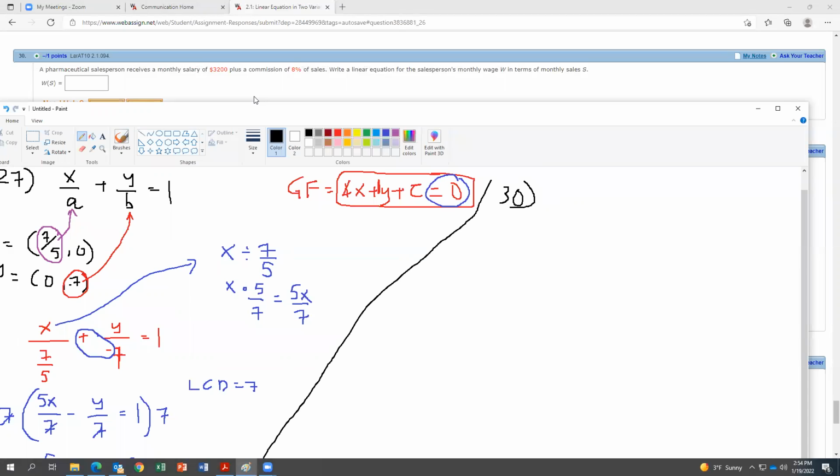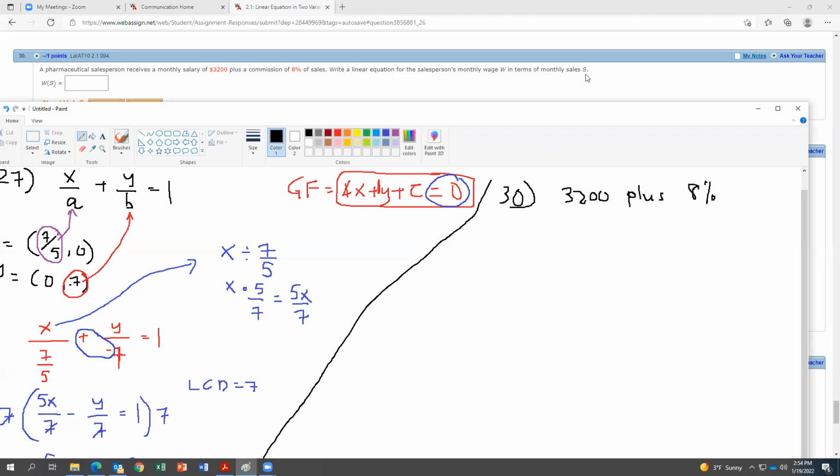A pharmaceutical salesperson received a monthly salary of $32,000 plus 8% of the sales. The question is asking us to write a linear equation of the monthly wages W in terms of sales S. Please look carefully at the variables here.